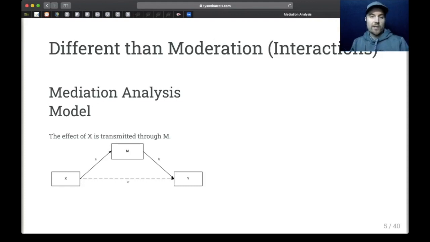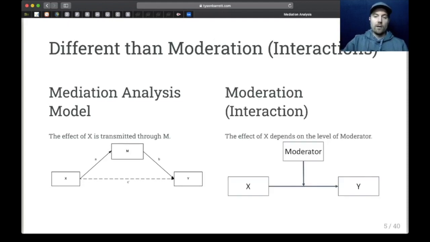It's really important to understand the difference between mediation and moderation. So mediation is how the effect of X is transmitted through M to Y. Moderation, what we've used already, which is really just an interaction, it's how the effect of X on Y depends on the level of the moderator. So these two diagrams hopefully help you see how this is playing out.